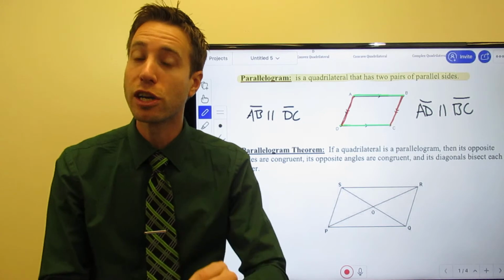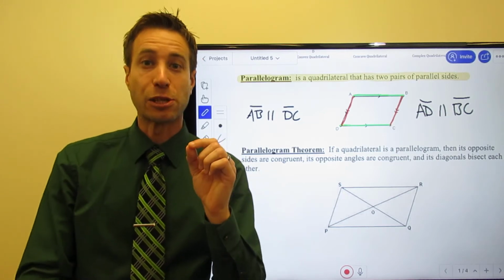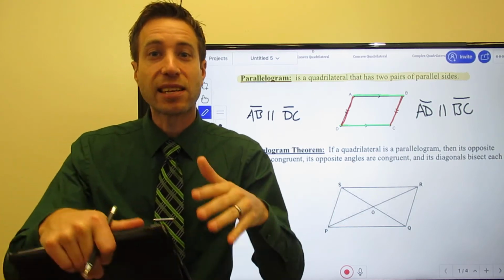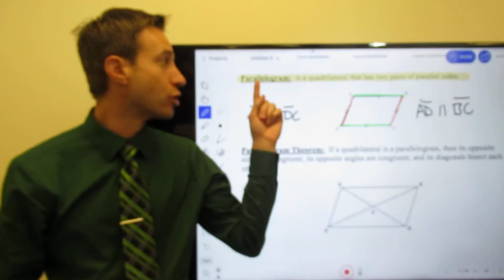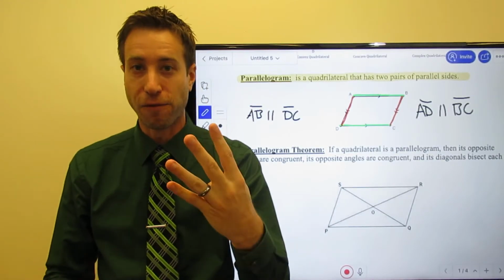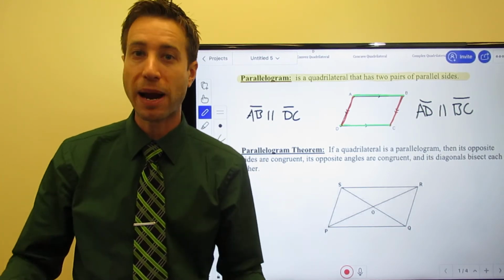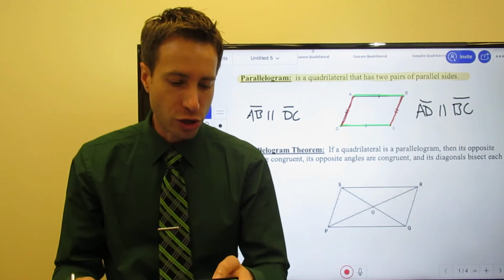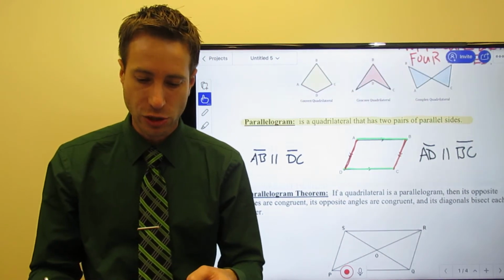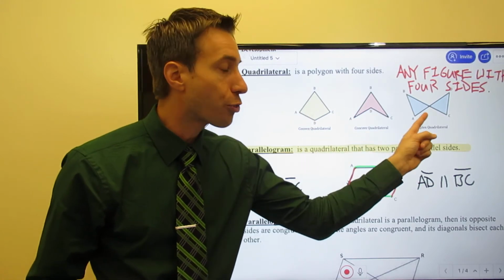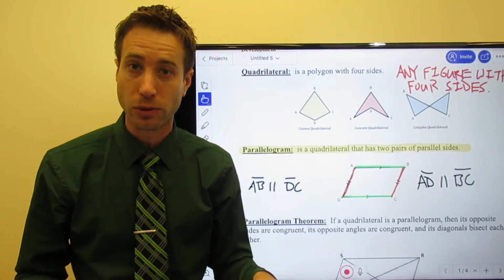What we're going to talk about here is a specific type of quadrilateral, and that type of quadrilateral is what's known as a parallelogram. It is a four-sided figure with two pairs of parallel sides. Just to make sure we're clear, these examples up here, all three of these are quadrilaterals.